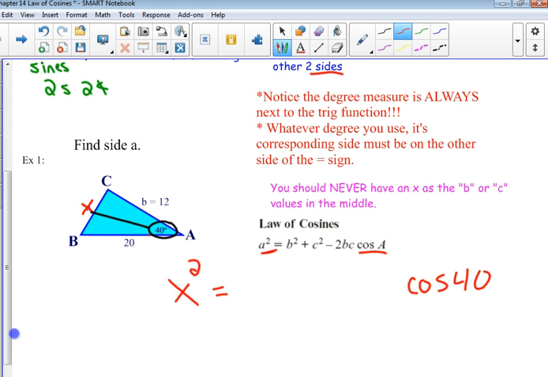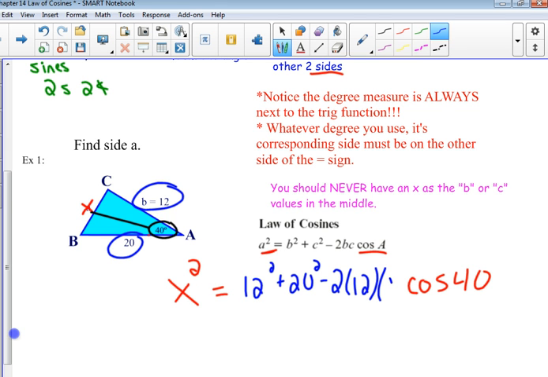If you start it like this, the rest of them are really easy. You just plug them in. The B's and the C's are just going to be the other 2 sides in the triangle. It doesn't matter which one's which. So it becomes 12 squared plus 20 squared minus 2 times 12 times 20 cos 40. Did you put the whole thing in?